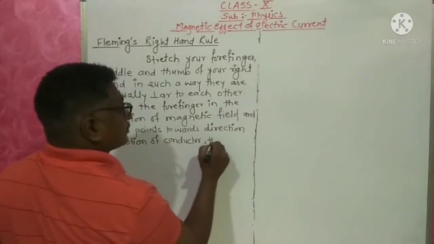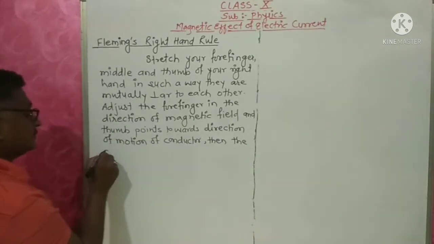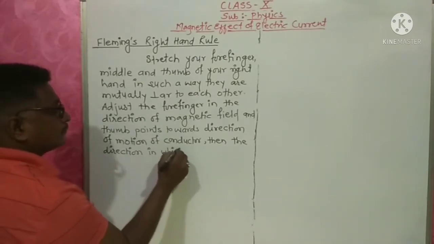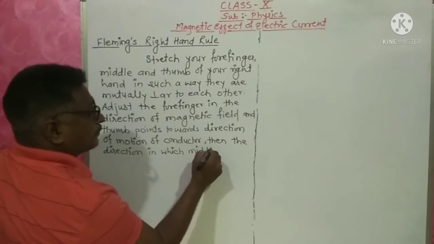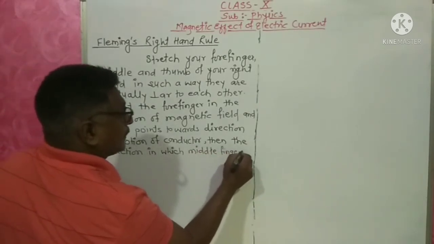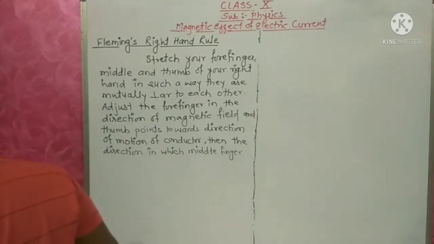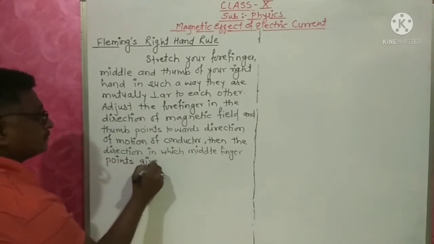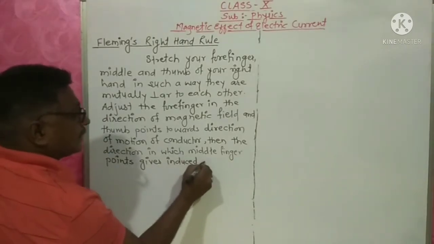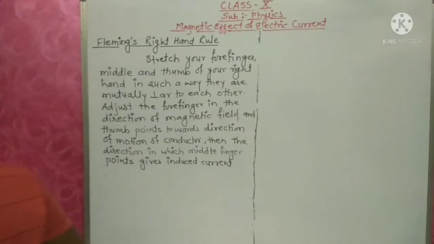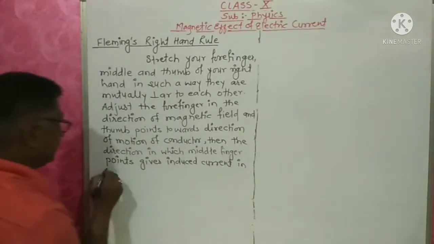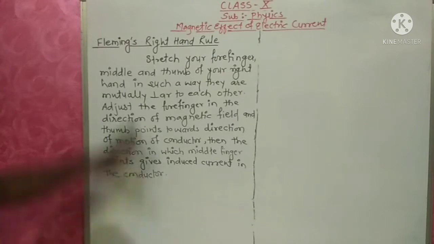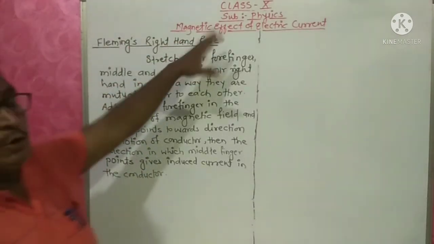Then the direction in which the middle finger points gives the induced current in the conductor. So this is Fleming's right hand rule.